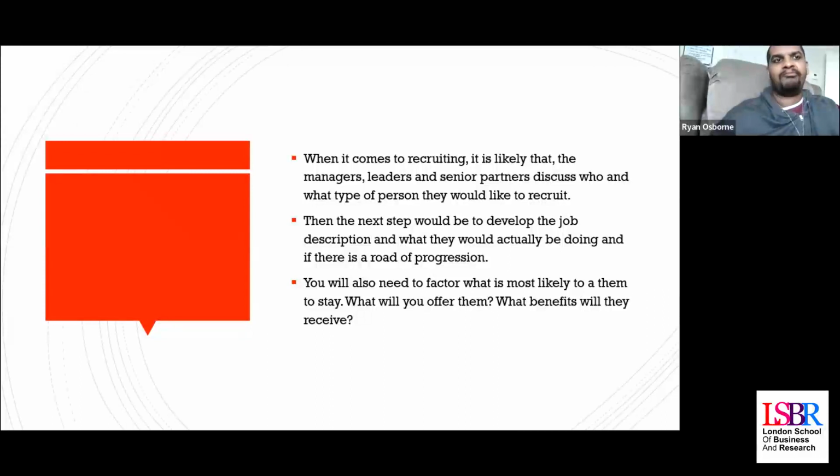Because when we talk about sharing information, if there's a high turnover of staff and you don't have the right team of people around the service user, they may not get the best care and support available.